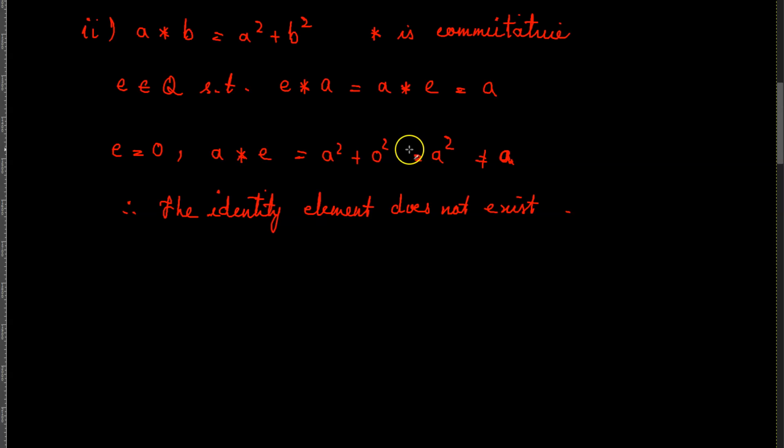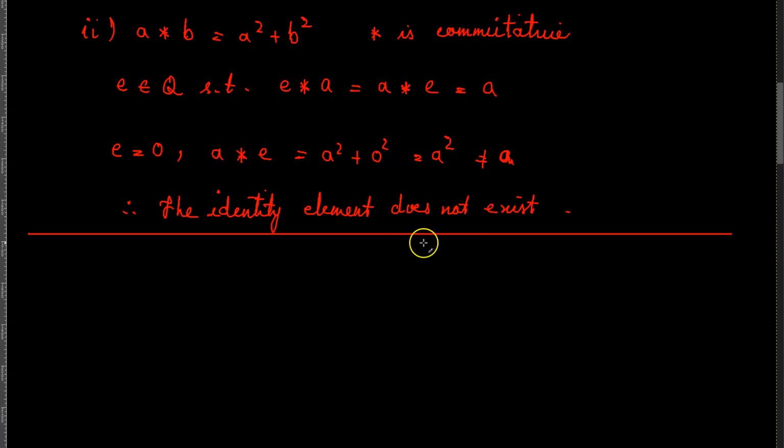Okay, so now part 3 of this question is, for example, we have the same star defined on the set of rational numbers, and we have A star B is equal to A plus AB.